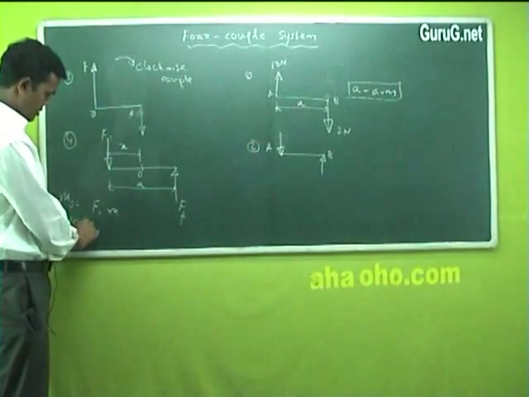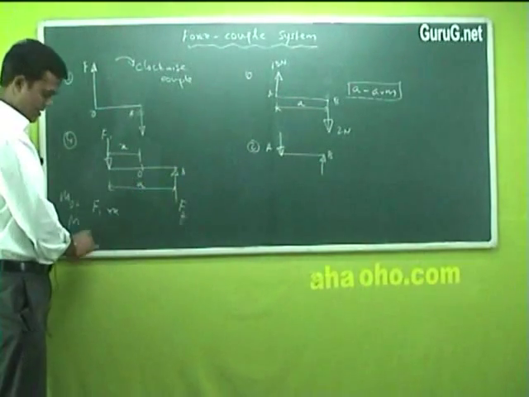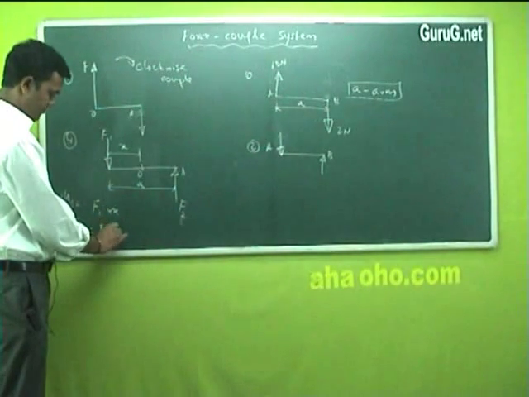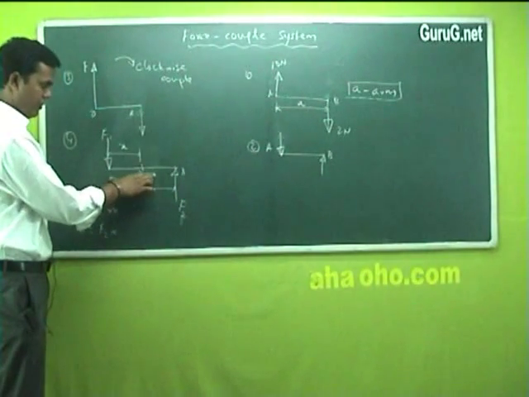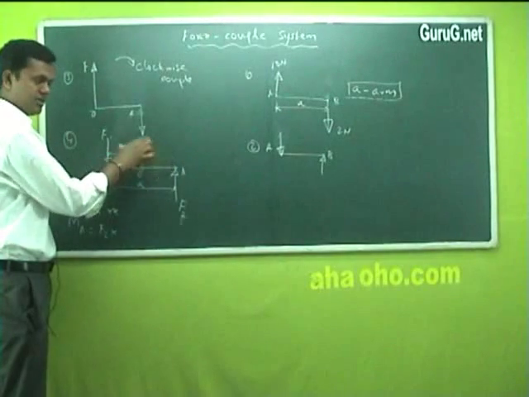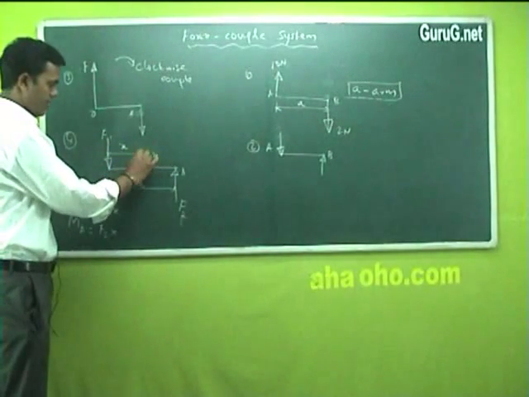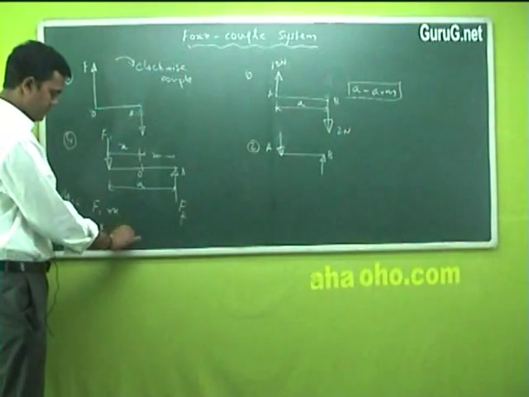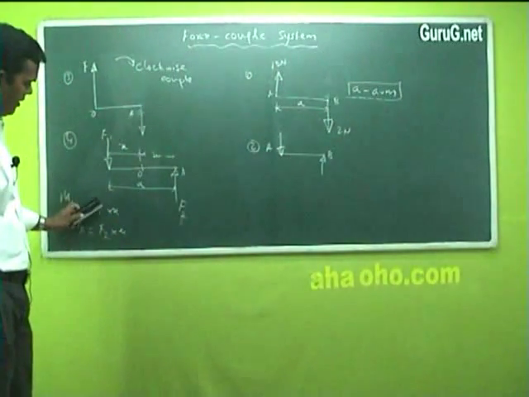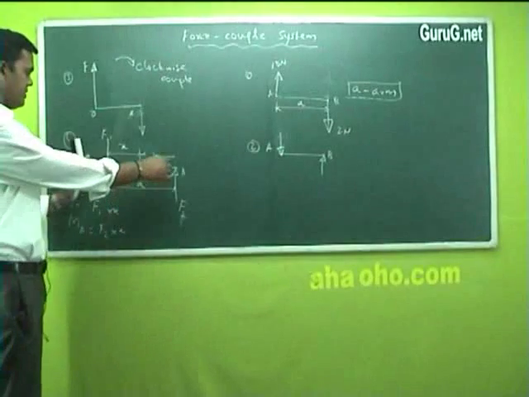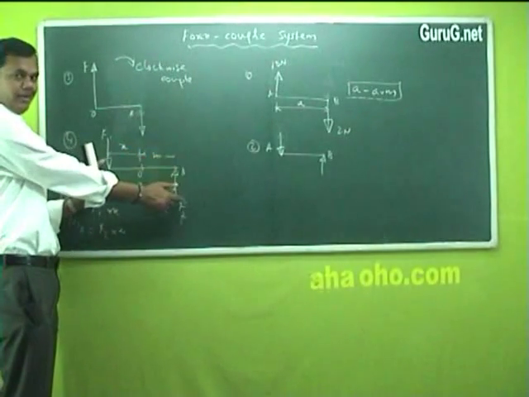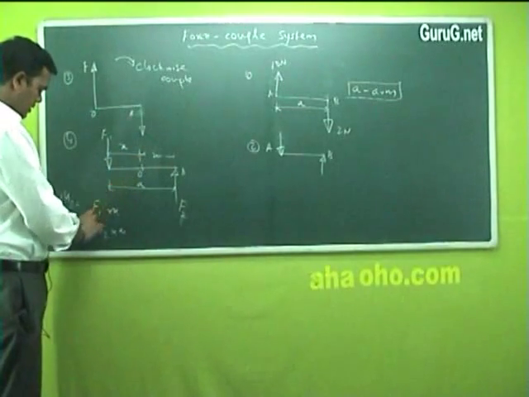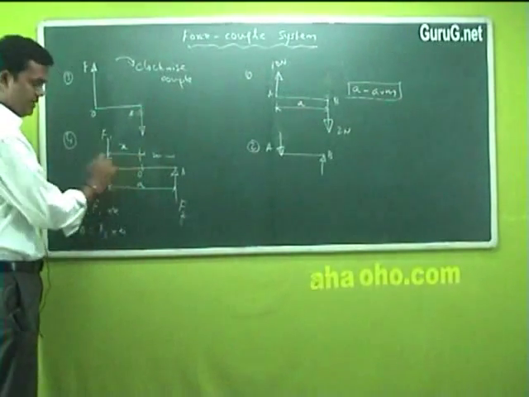I will write the moment about, suppose this is point A. F2 is acting here, F2 into the distance about this point O, which is again X. So again F2 into X. So both are F1 into X or F2 into X, because we are considering two forces at different edges and taking moment about one point, the center.